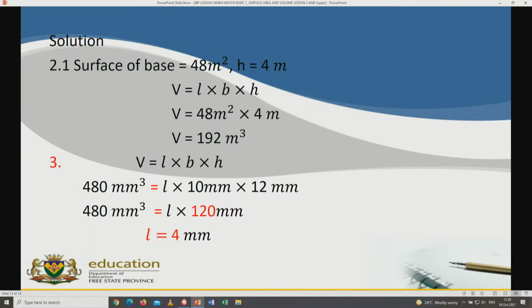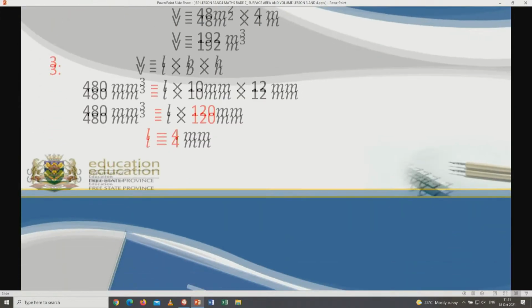And then we did the substitution, and what? Simple arithmetic. 10 multiplied by 12, it will be what? It will be 120, but careful, bear with me that it must be millimeter by millimeter. We have seen it is millimeter squared, and therefore we have divided both sides by 120. Then we end up with the length being 4 millimeters.